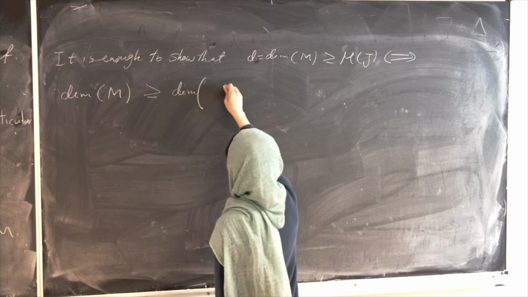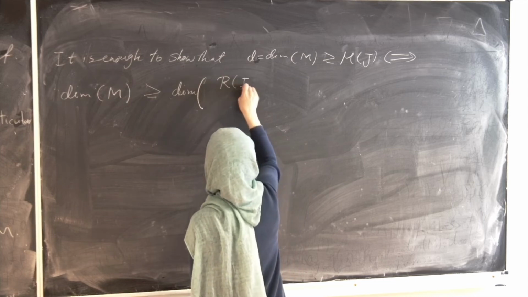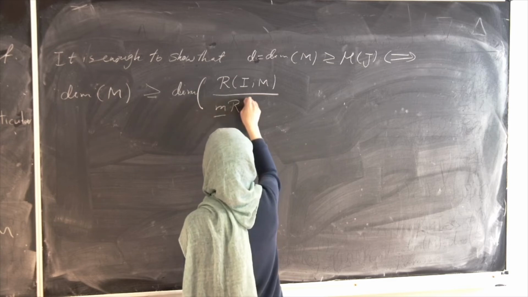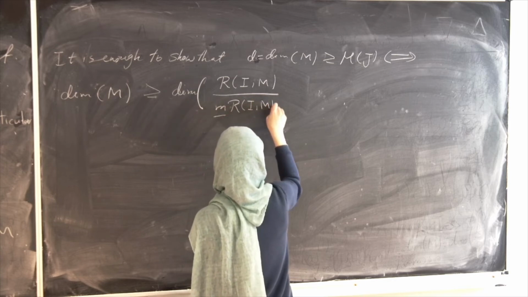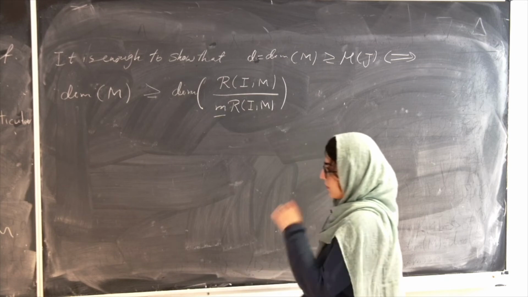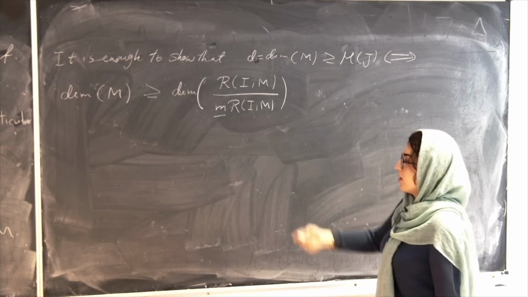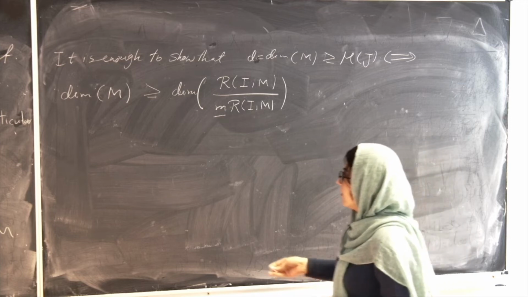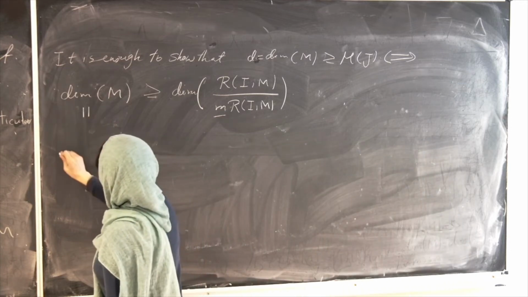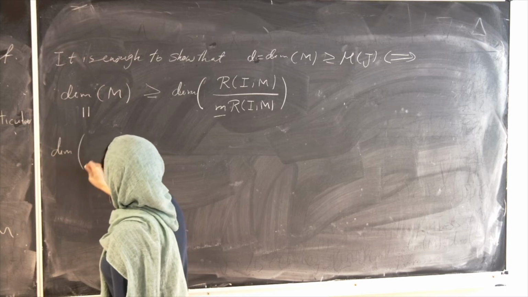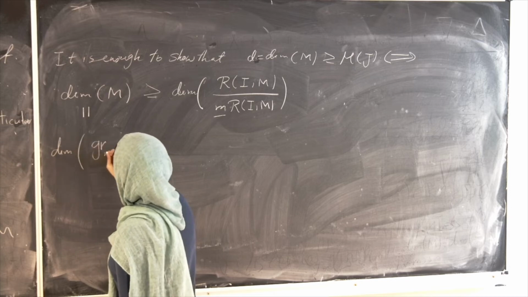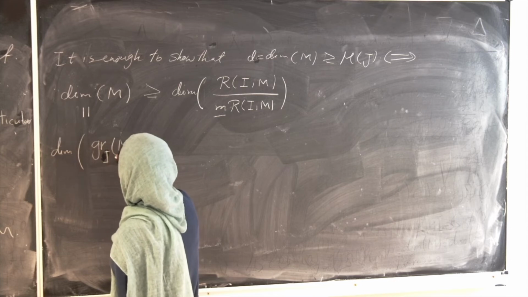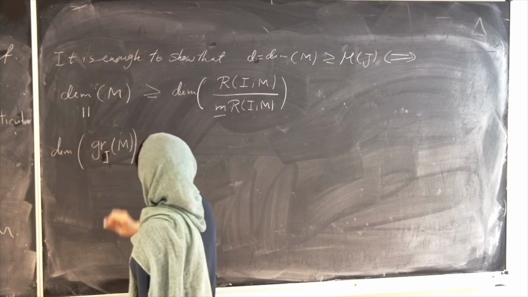By definition, it was the dimension of this quotient module. If I show this inequality, then everything is fine. But note that this dimension is just the dimension of the associated graded module of M with respect to I.